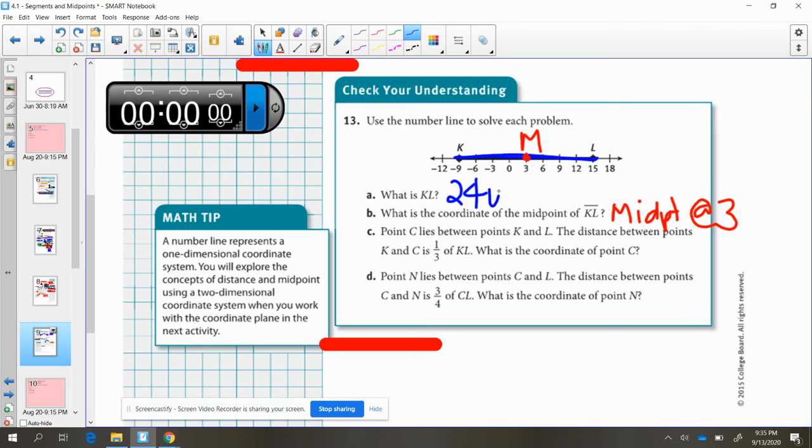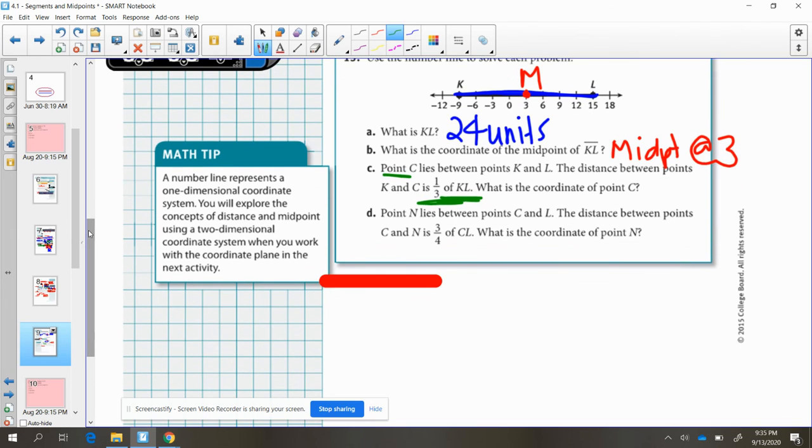And again, that's different than how long this is. Now from here, we have a new point. We're going to call this point C, and make it the green point. It's between K and L, and it is 1/3 of the distance between K and L. A reminder, KL is 24 units long. 1/3 of 24 is 8 units.